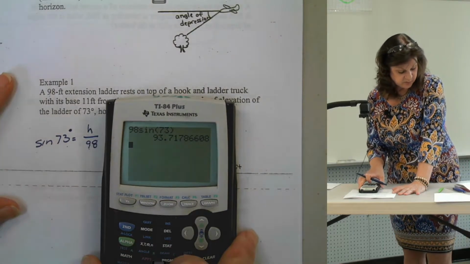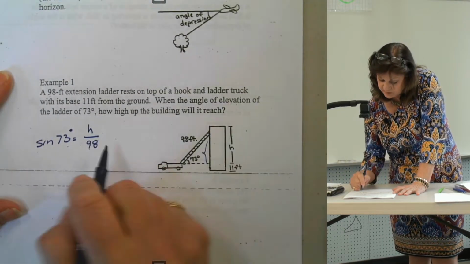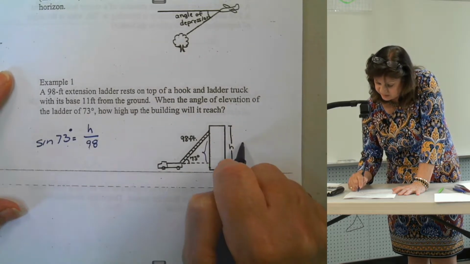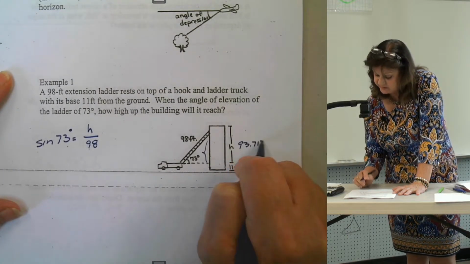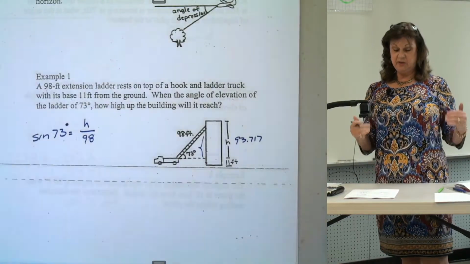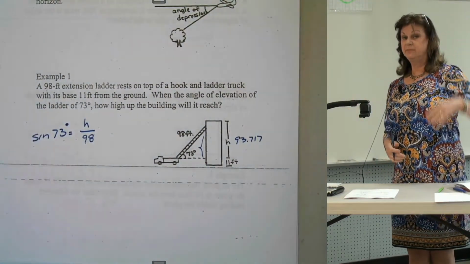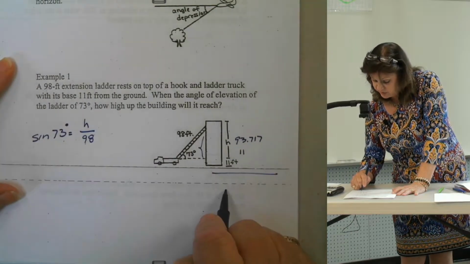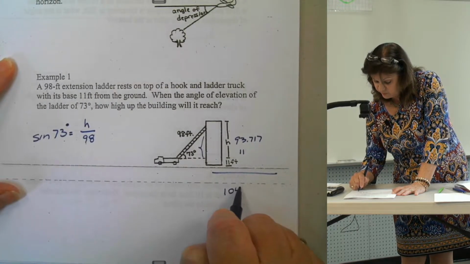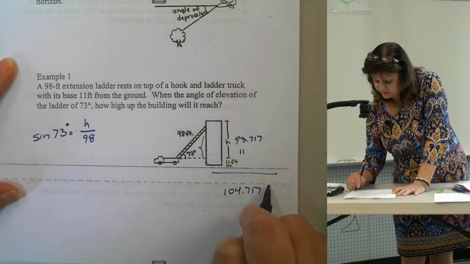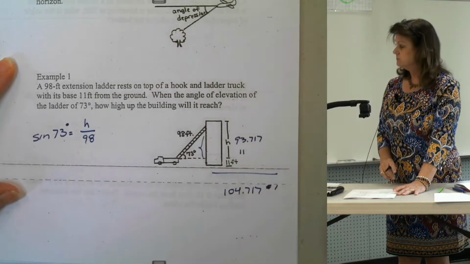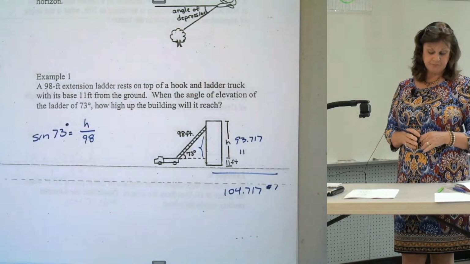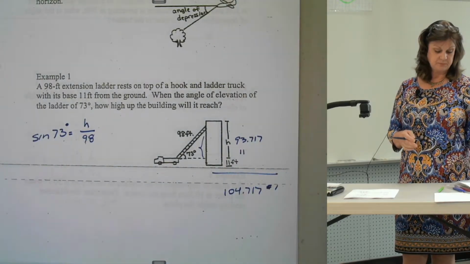So the ladder will reach 93.717 feet. And don't forget, the hook and ladder truck bumps it up 11 feet off the ground. So we're going to add that to it. So I've got 104.717 feet that the ladder will go above the ground.